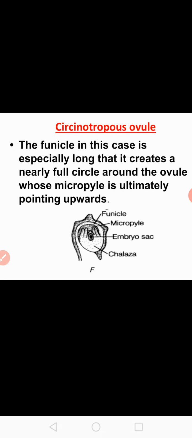Moving on to the last type of ovule, that is cercinotropous ovule. In this type, the funicle is very long. That means it creates a nearly full circle around the ovule, whose micropyle is ultimately pointing upward.